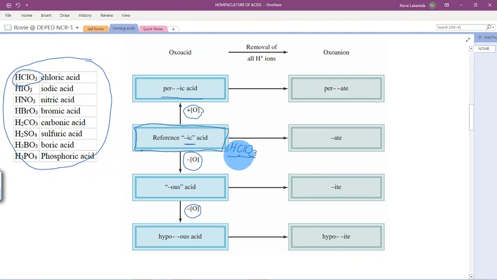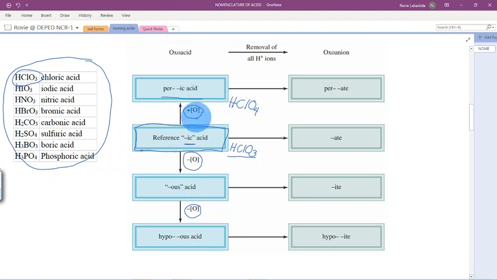If we add one oxygen atom in the formula, it will become HClO4. So from 3, it became 4, because of the addition of one oxygen atom in the formula.